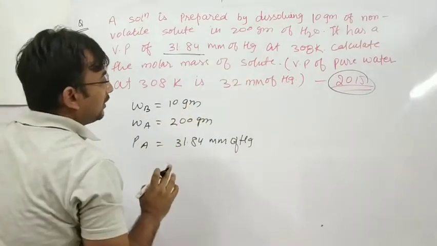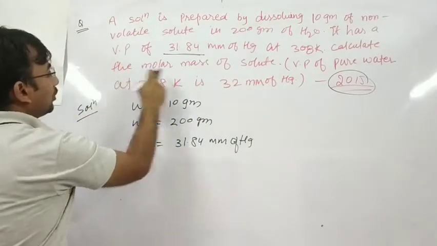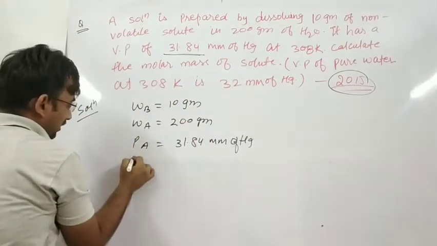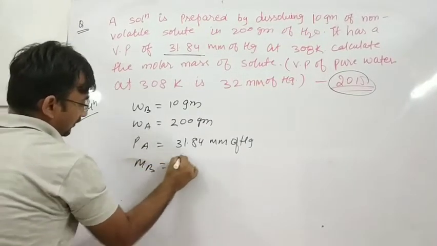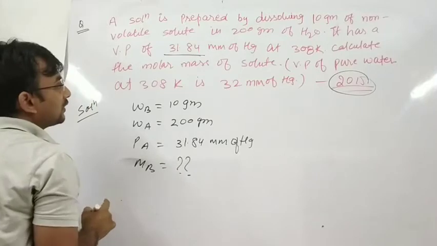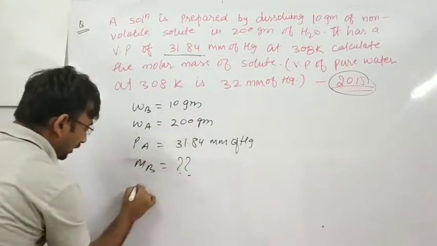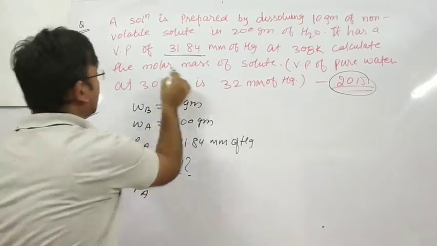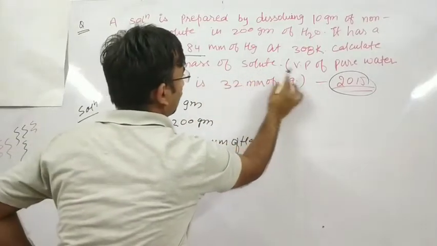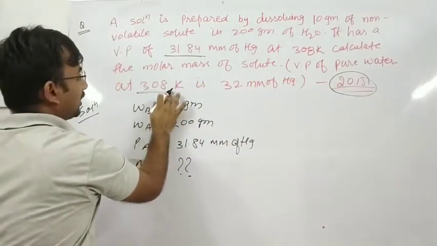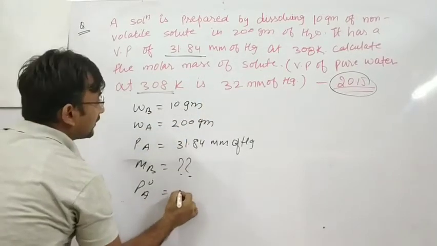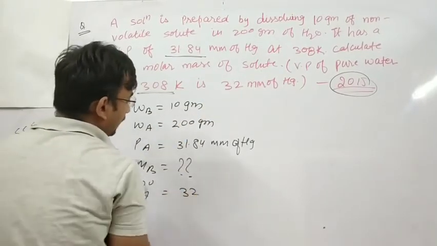At 308 Kelvin, calculate the molar mass of solute. That means here MB is not known. MB we have to calculate. In pure form, vapor pressure of pure water at the same temperature, 308 Kelvin, is given as 32 mm of Hg.